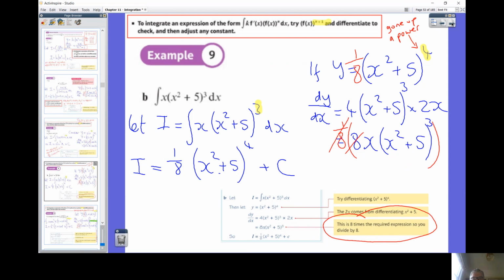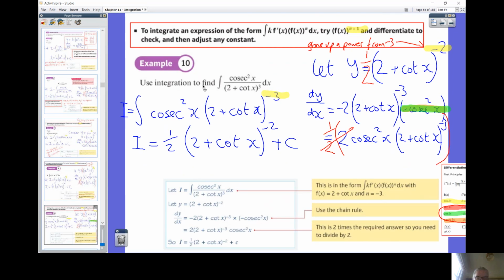Now, example 10, just a little bit more complicated. As a starting point, let's take the denominator upstairs to make it to the power of -3. Our starting point is still to raise the power by 1, so -3 becomes -2. Let y equal 2 plus cot x to the power of -2. When we differentiate that, we multiply by the -2, keep the bracket, reduce the power by 1, and then multiply by the differential of the bracket.